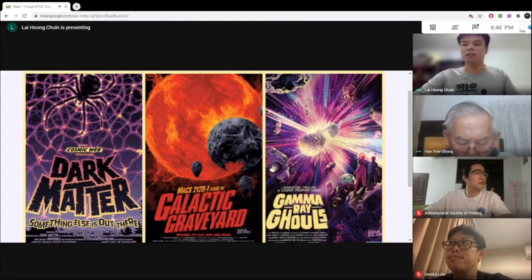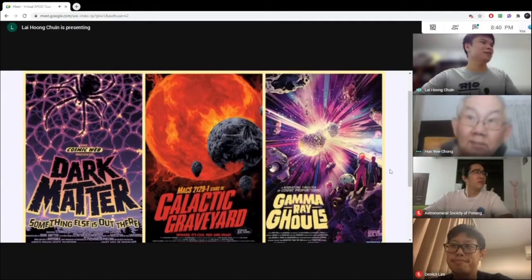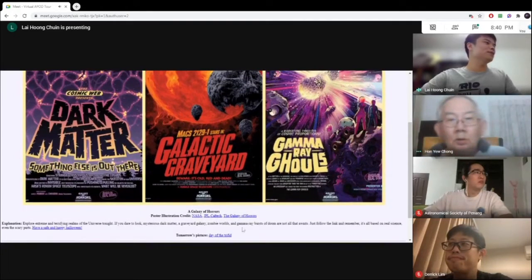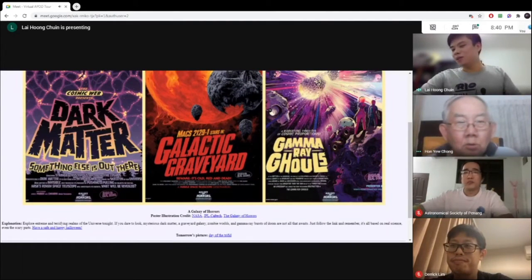Gamma rays have very high energy, which will penetrate through our body and cause damage to our body. So be careful with gamma rays, especially those who are playing with radioactive substances in the lab. Be extra careful when you have to handle gamma rays. All right, so this is about today's photo. So let's proceed to the next one.